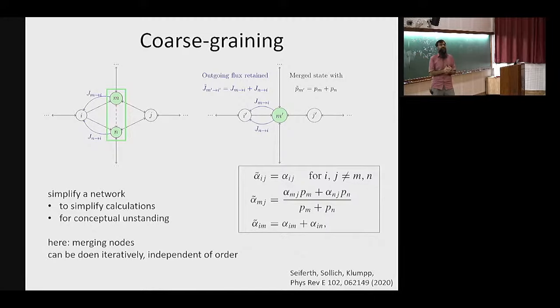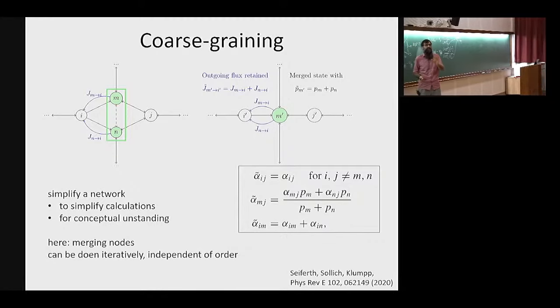Debashish, you have a question. Yeah, that's a very good comment. So should this transition be much faster than these? Yes and no. We can do this procedure without that condition.